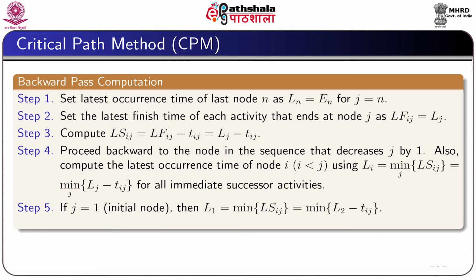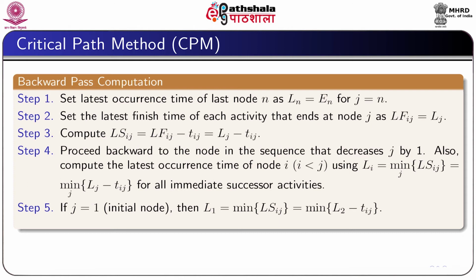Backward pass computation. In this case, for the latest occurrence of the last node n, assume Ln equal to En for j equal to n, then set the latest finish time for each activity that ends at node j as LFij equal to Lj.